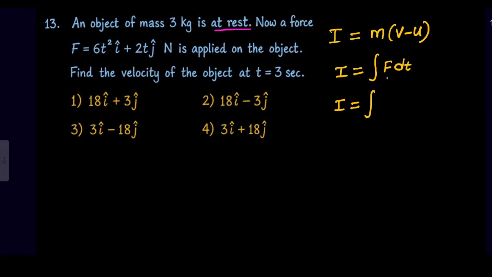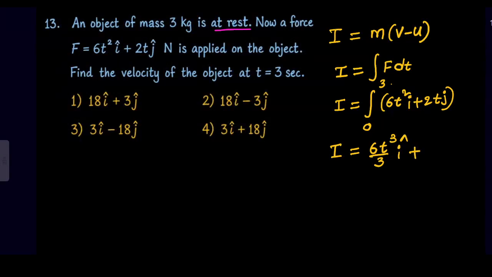That is integral of F value, how much given now? This is 6t square into i plus 2t into j, from 0 to 3. We can find the impulse from this now. I value, which is equal to 6 into what? Tell me now. t cube by 3 integration, t square integration into i cap, plus this is 2 into t integration, again t square by 2, and thereafter we need to put the limits.